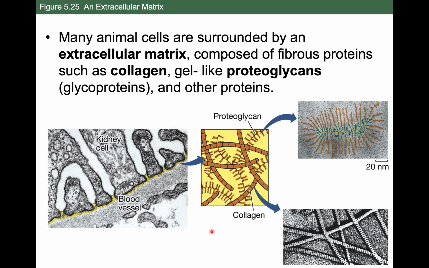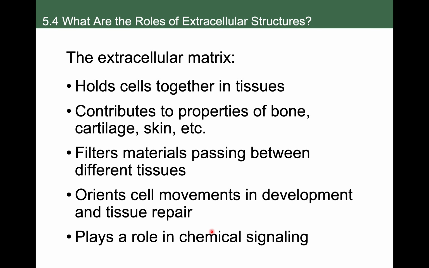And so every animal cell, every cell in your body is surrounded by extracellular matrix. And the jobs of the extracellular matrix are pretty varied, but they're helping to hold cells together into tissues. You find lots of extracellular matrix in things like bone and cartilage and skin.